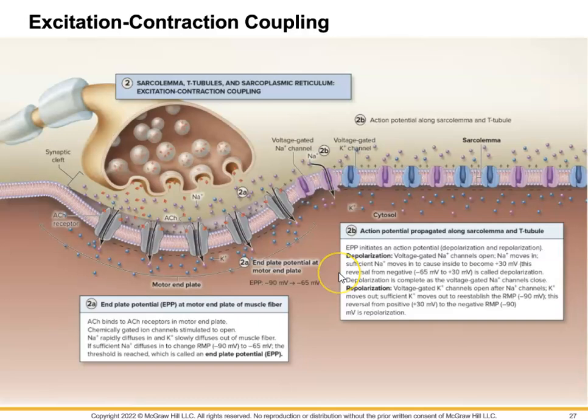Okay, now let's move on over here. The end plate potential initiates an action potential, depolarization followed by repolarization. Depolarization is when the voltage-gated sodium channels open, that positively charged sodium moves in, and when enough positive charges come in to cause that membrane to go from -65 threshold to +30, that cell membrane is no longer polar, it is depolarized.